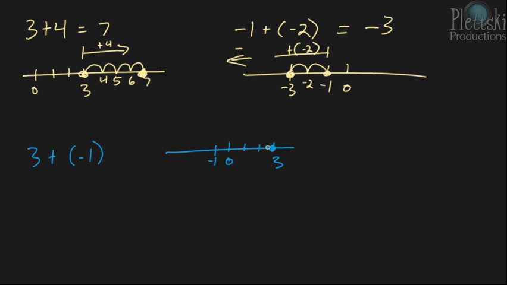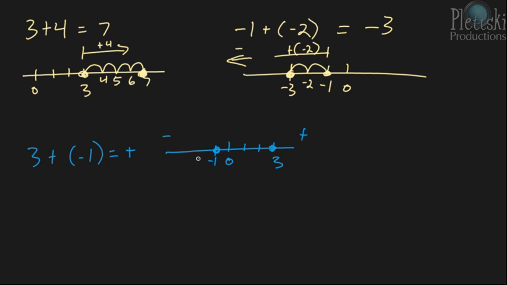The one that's farther away from 0 is the one that your answer is going to have the same sign of. So in this case, 3 is farther away from 0 than -1. So your answer is going to be positive because 3 has a positive and it's farther away from 0.